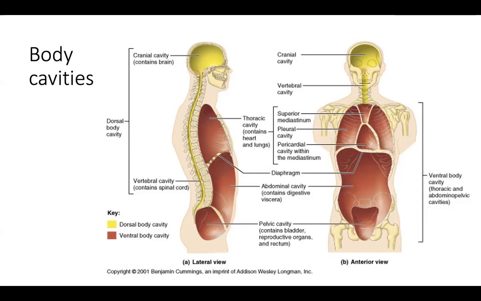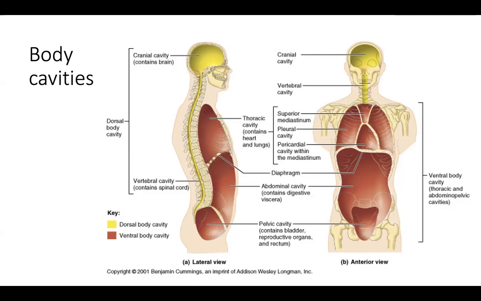Okay, body cavities, that's the next part in your lab manual. So pretty similar diagram. There's a few little differences, but you want to know these different body cavities. Some of them are super easy, like the cranial cavity. It's your brain, right? Cranial cavity in the head. These cavities hold different organs.